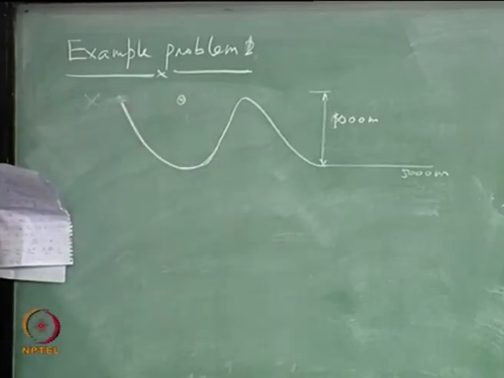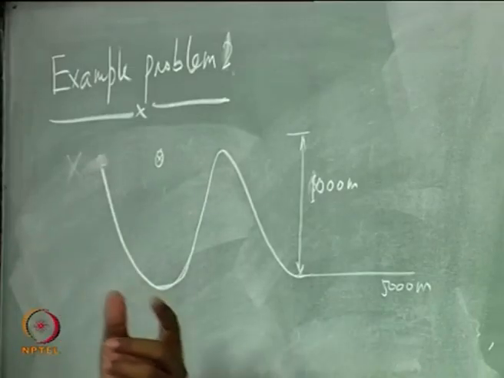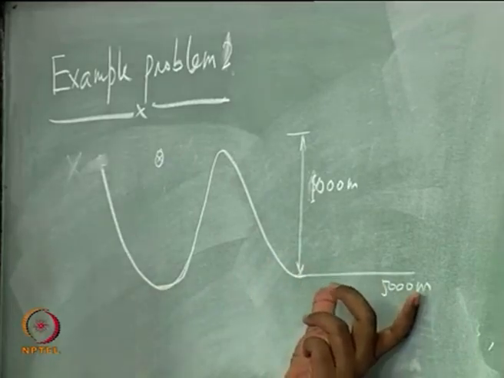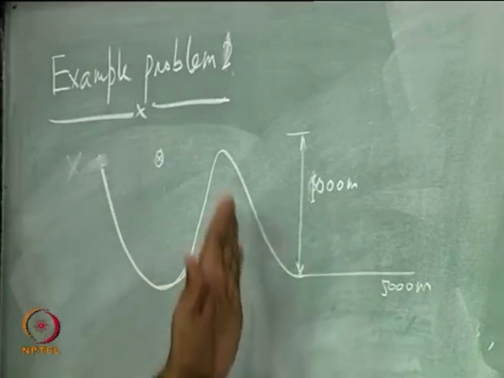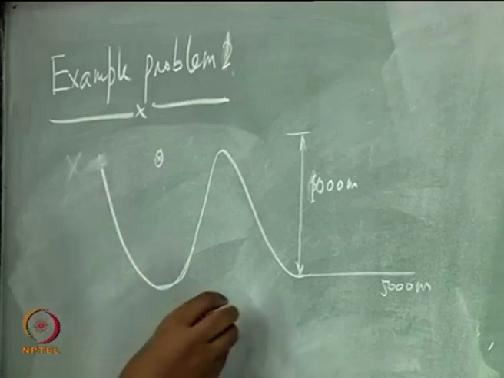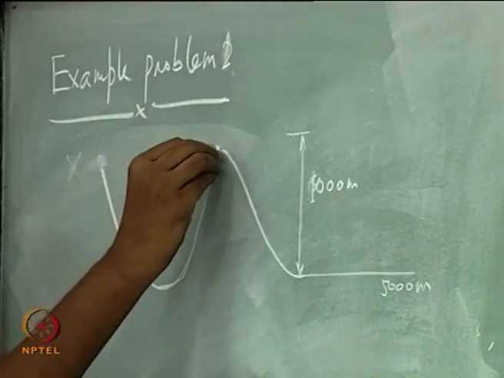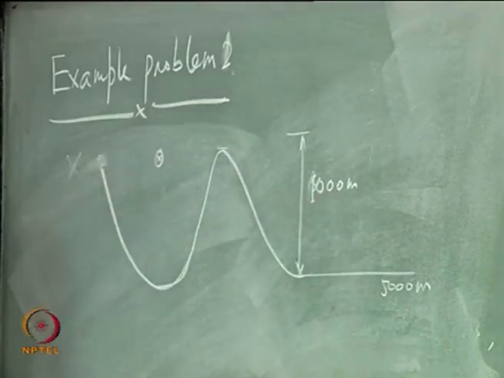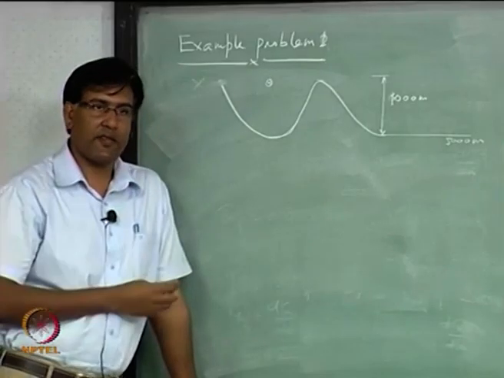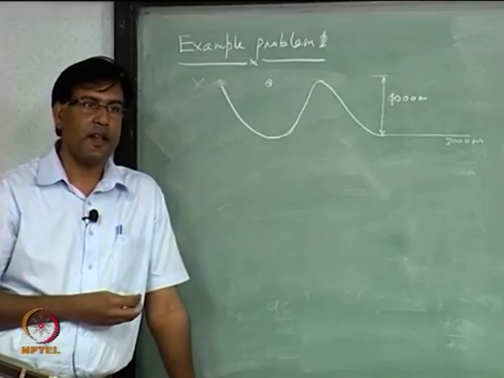Right, you are getting what I am saying. There is a trainer aircraft which is flying level at 5 kilometer, and then it starts climbing, and after reaching this additional 1 kilometer it takes a dive.